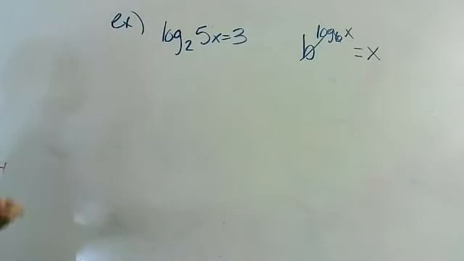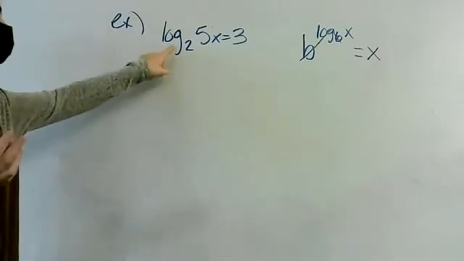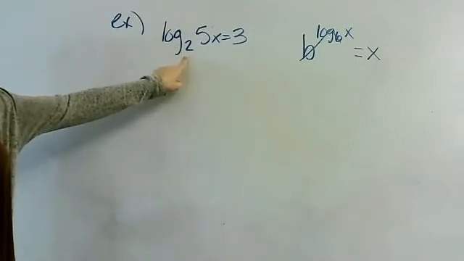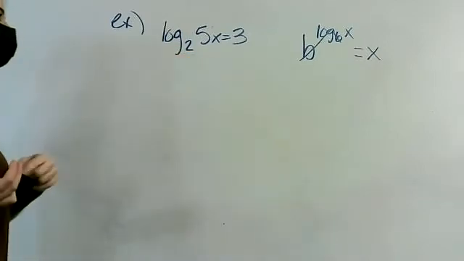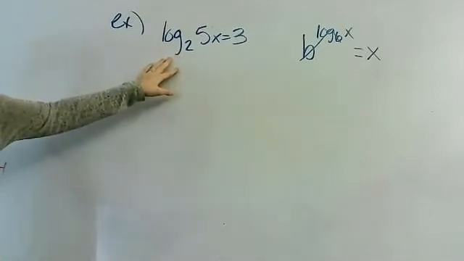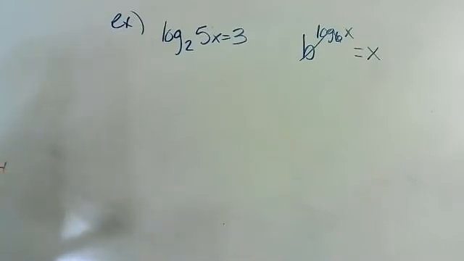So the 3rd tactic is called exponentiating. What do I need to get rid of to get x by itself? You have to get rid of the log. Good. Yeah, this log base 2 needs to be gone. I can divide off a 5, but you cannot divide off a log. So instead, I want to find a way to cancel it out.